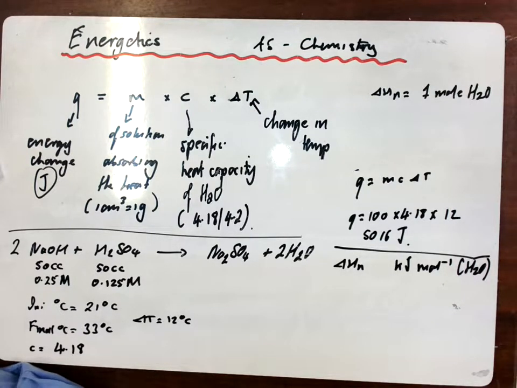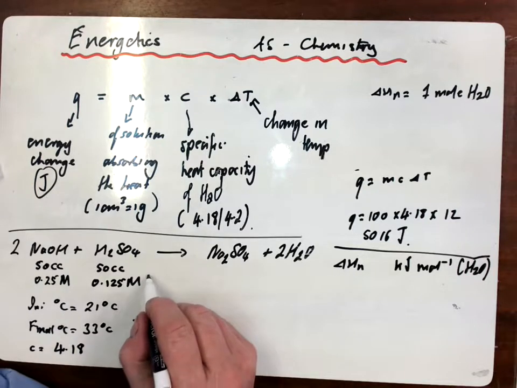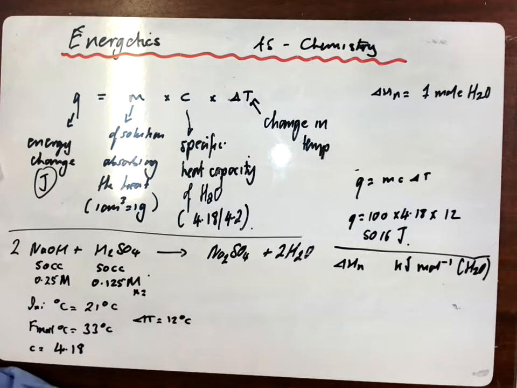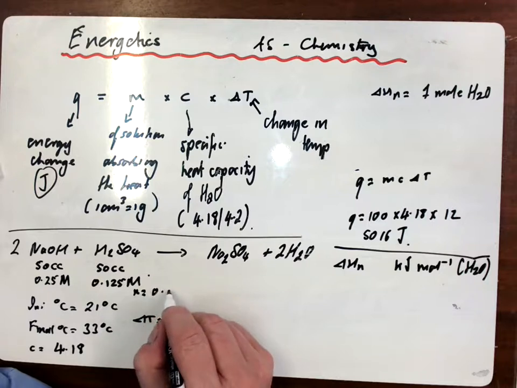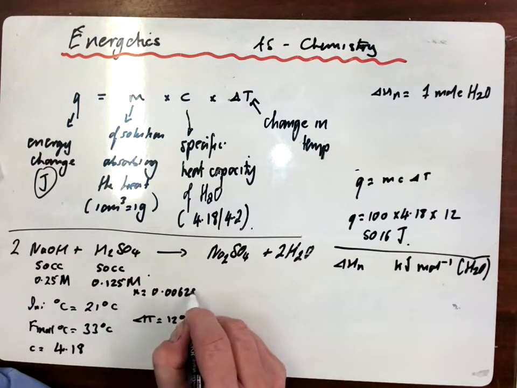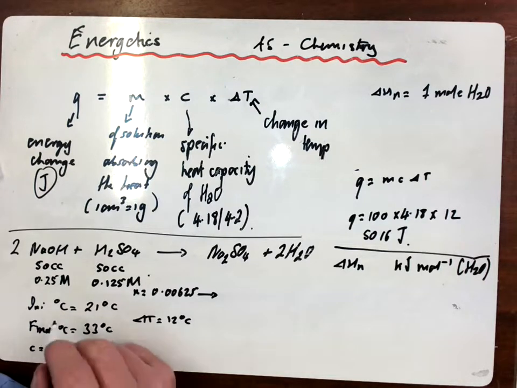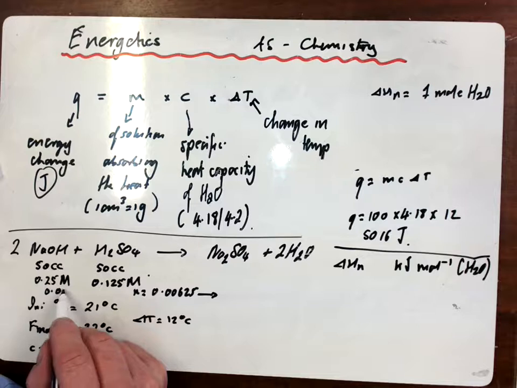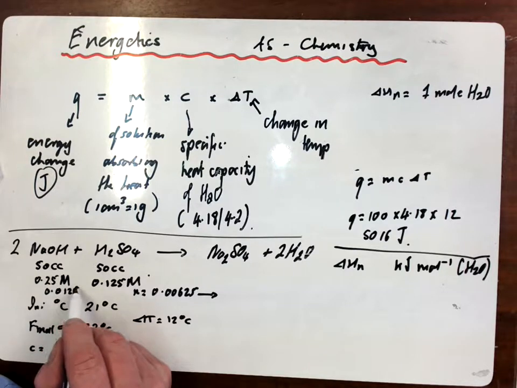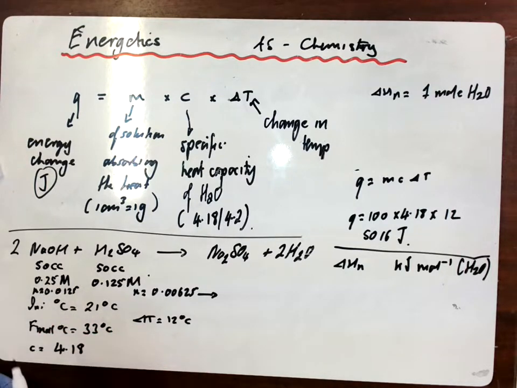Well, my moles of acid, N for number of moles, are 0.00625. Okay, and my moles of my alkali are 0.0125.